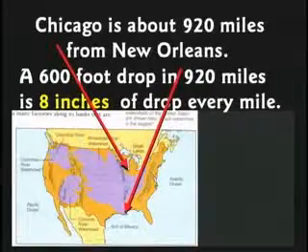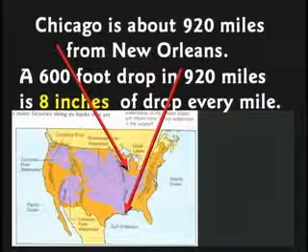Above Pensacola, not much. Now, this 600-foot drop the Mississippi River goes through, it takes the Mississippi about 920 miles to drop from the equivalent latitude of Chicago down to New Orleans. So it's going to drop 600 feet in 920 miles. Not much.